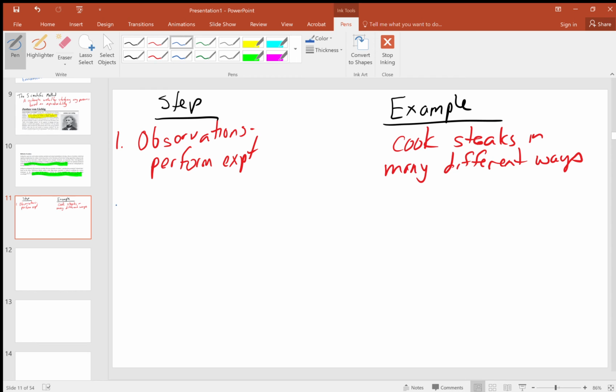So once we've done that, what would we do next? Well, from the experiments that we've done, we're going to start collecting data. And for our steak example, what we might do is eat each of the different steaks, or at least sample them, and see what we like better, what we don't like.